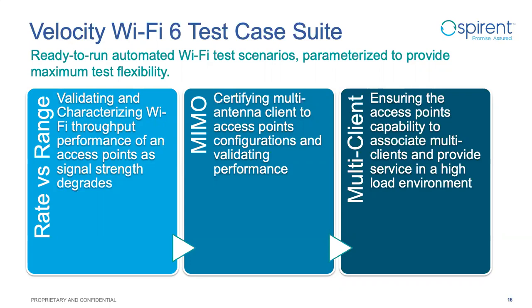Just to give you a quick highlight on each one of those. Now, rate versus range is probably one of the most common test cases that's run on our access points. Again, we're validating the characteristics of Wi-Fi throughput as signal strength decreases. The example I always use for this one is my child watching their Minecraft video, then going downstairs and out to the backyard.